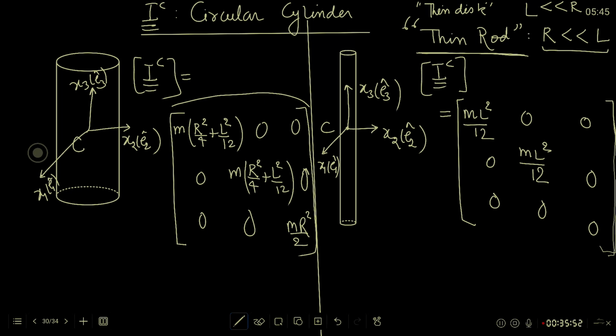Now for a thin rod, what we are implying is that this dimension is extremely small, which is approximately the same as saying that the entire mass is distributed on the 3 axis itself. And thus it is expected that IC33 will vanish. That's what is happening.